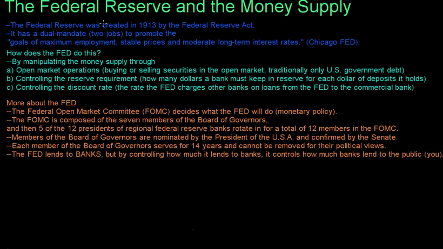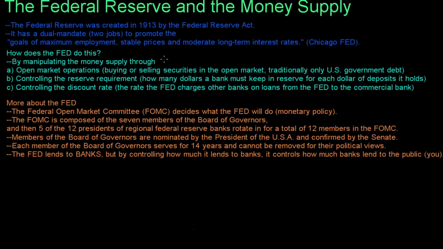So to start off our overview, the Federal Reserve was created in 1913 by the Federal Reserve Act, and it has a dual mandate, which means that it has two jobs to do. This is common in many central banks throughout the world, although it's not the uniform mandate of all of them. Some of them are a little bit different, but this is the most common one. It is to promote the goal of maximum employment, so to keep employment up, and then also to have stable prices and moderate long-term interest rates.